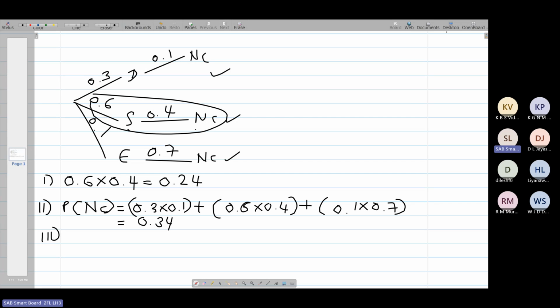First we identify the no claim. Then after that, we identify the standard medical coverage. It means revised probability.